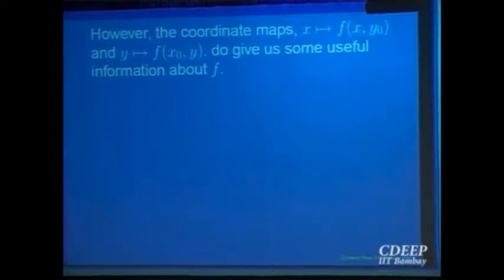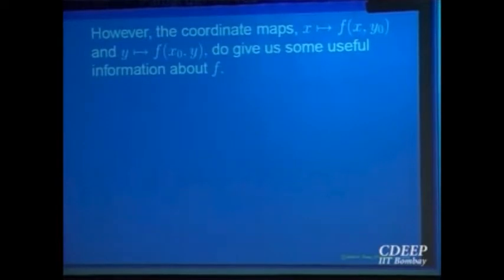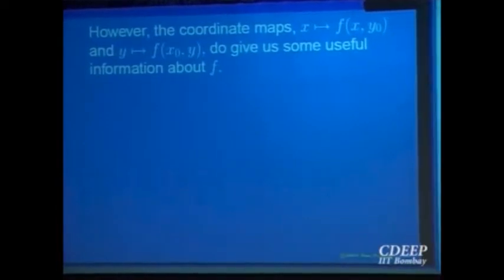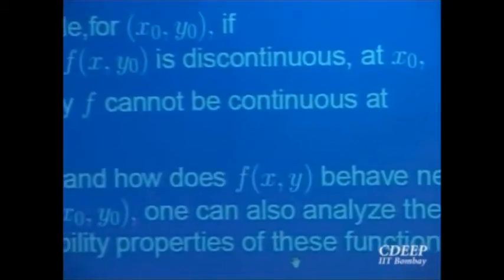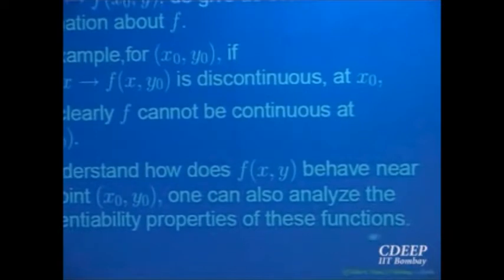What you are doing is looking at the plane x equal to x naught, where it cuts the surface. That gives you a curve, a coordinate curve. So for each fixed x equal to x naught, you get a coordinate curve. For y equal to y naught, you raise that plane and see where it cuts the surface. That gives you another coordinate curve. So these are the intersections of the planes x equal to x naught and y equal to y naught with the surface.